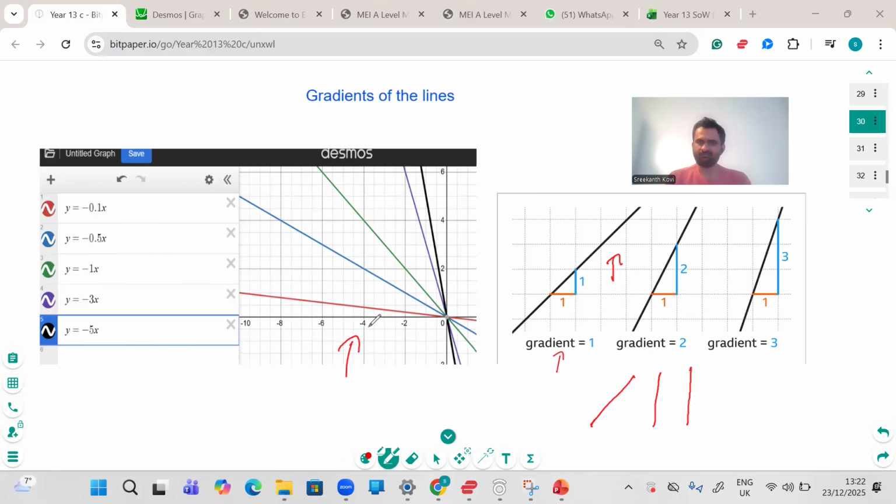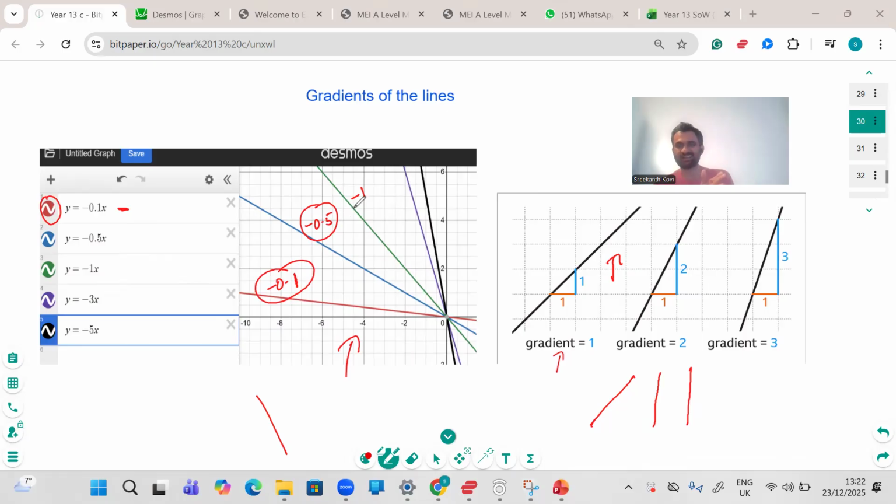On the other side, when the gradient is negative, whenever the line is going down, the gradient is negative. If you can see here, the red one has a negative 0.1 slope, and the next one negative 0.5. Pay attention: negative 0.1 to negative 0.5 to negative 1.